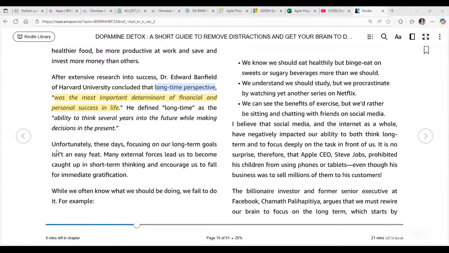So, continuing further. Unfortunately, these days, focusing on our long-term goals is not an easy feat. Many external forces lead us to become caught up in short-term thinking and encourage us to fall for immediate gratification. This short-term thinking tendency is actually ruining us.